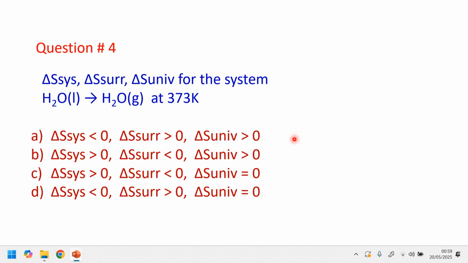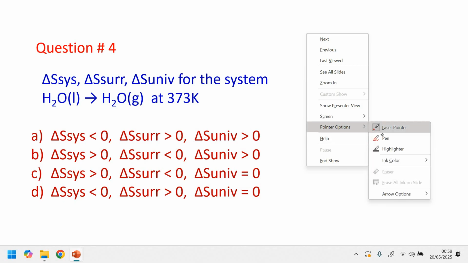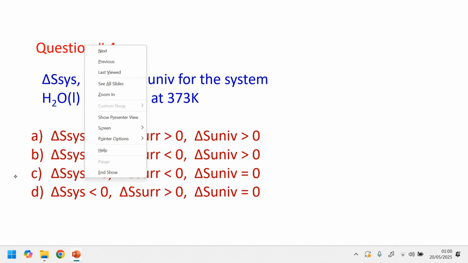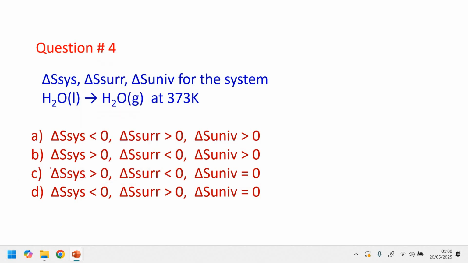So the correct answer will be C. So your correct answer here is C. Where is C? Here. That is delta S system greater than 0, delta S surrounding less than 0, overall is 0. So these are the 4 multiple choice questions based on entropy. Thank you.